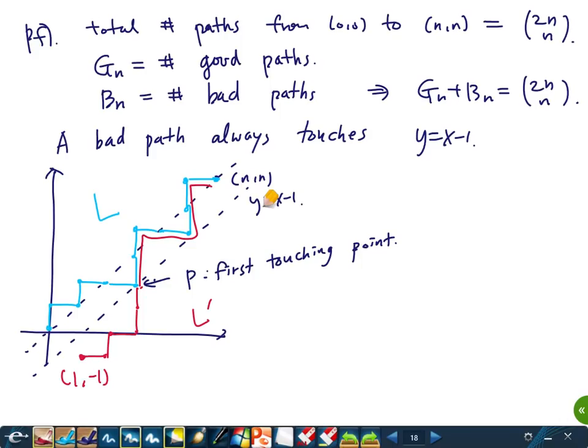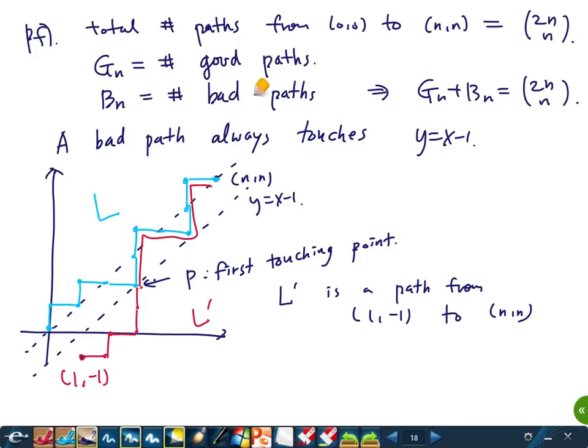Then L prime is a path from 1 comma minus 1 to n comma n. Any path from 1 comma minus 1 to n comma n must touch this line, because the two points are on different sides of the plane divided by this line. There can be many touching points, but at least one.